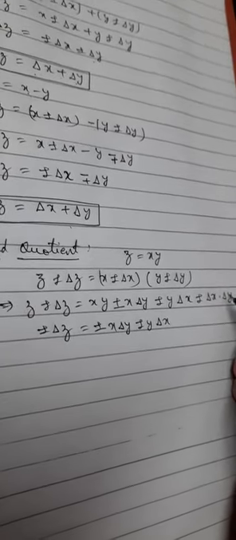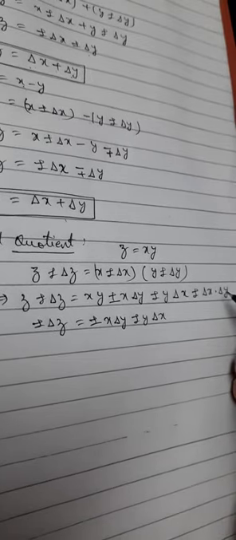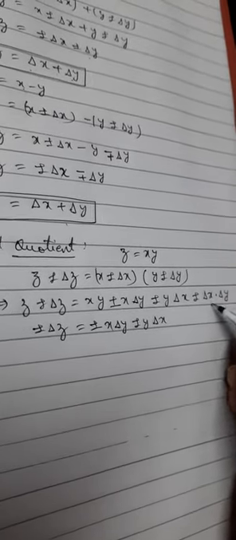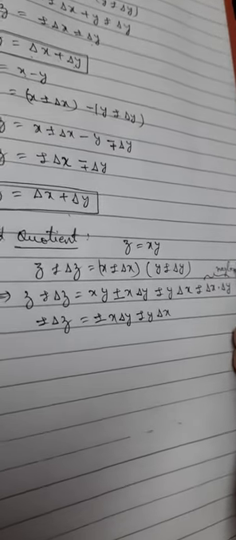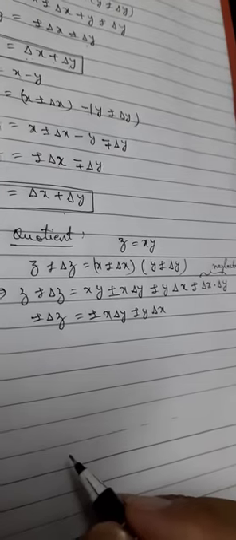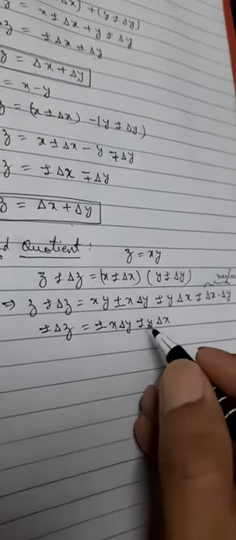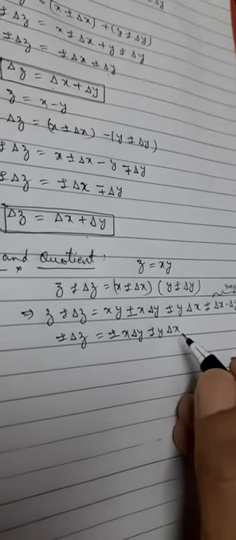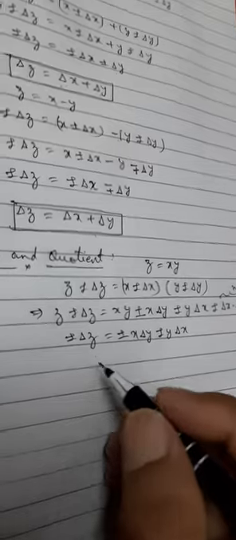When two small values are multiplied, the product is very small, so it will be neglected. Okay, understood this point? So plus minus delta z is equal to plus minus x delta y plus minus y delta x. Now I am dividing both sides by z.